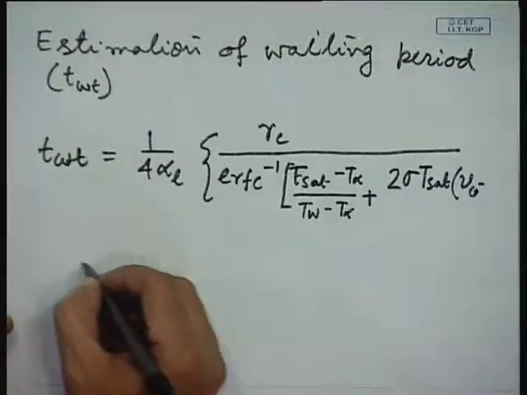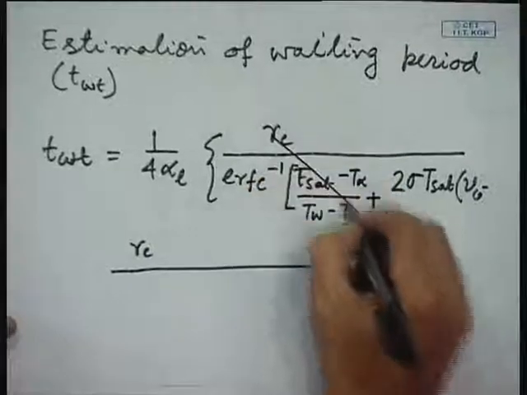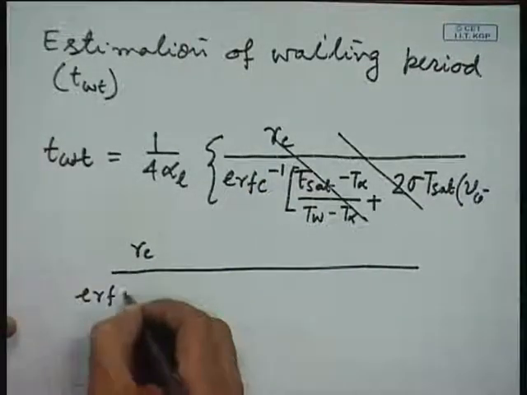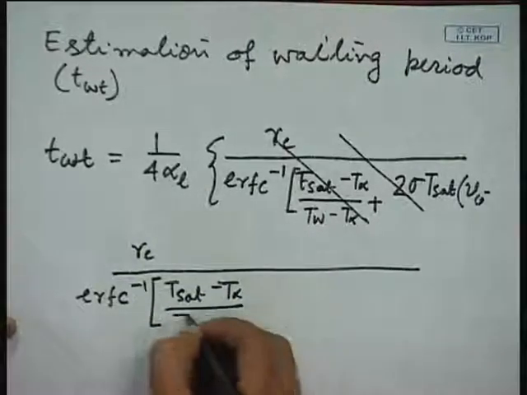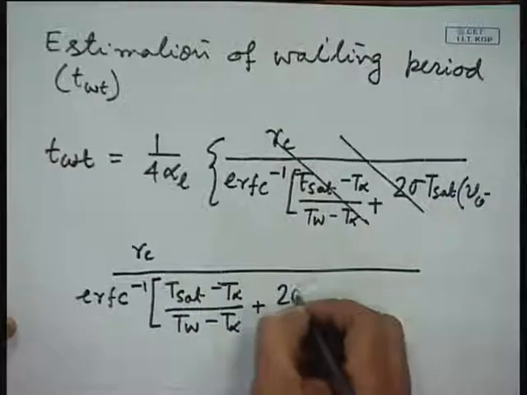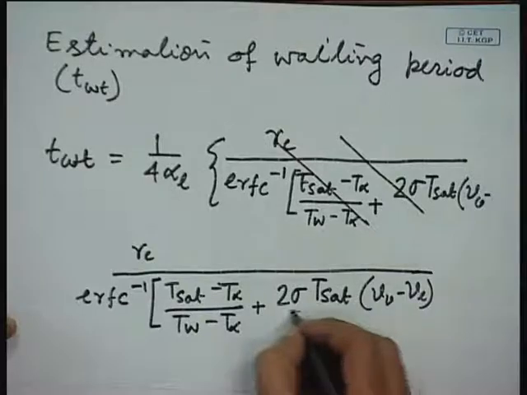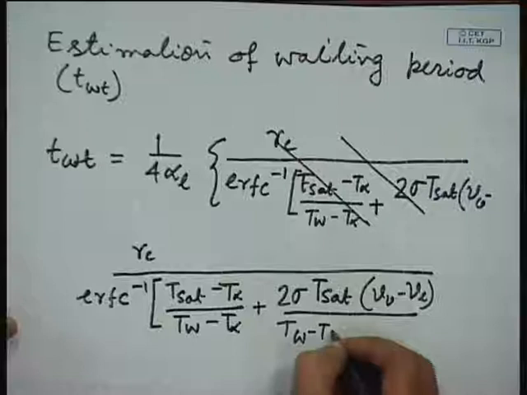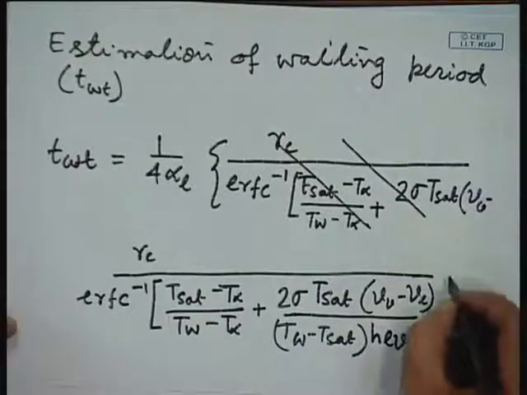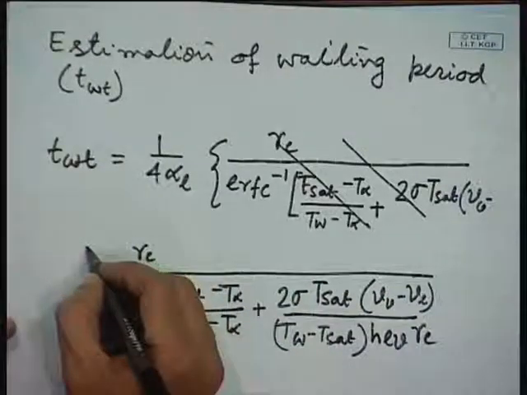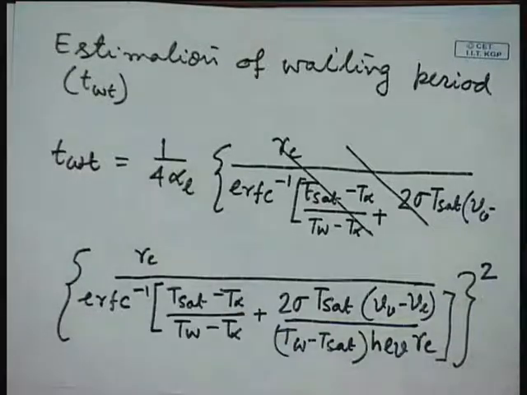So, let me write it under, so basically this part will be RC divided by erfc, the conjugate error function, of T saturated minus T infinity over T wall minus T infinity plus 2 sigma T saturated, times V V minus V L, by H L V and R C. So, basically this will be within a bracket and there is a square. So, this is how we will get the waiting time.